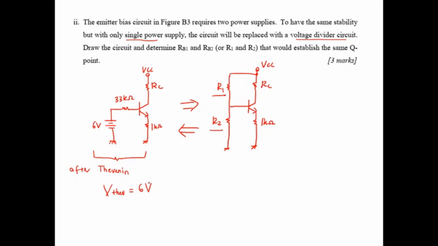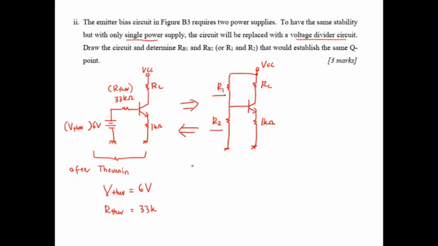And then R1 and R2 should be the values that make the R Thevenin equal to 33 kilo ohm. This is the R Thevenin. Okay, what is V Thevenin?